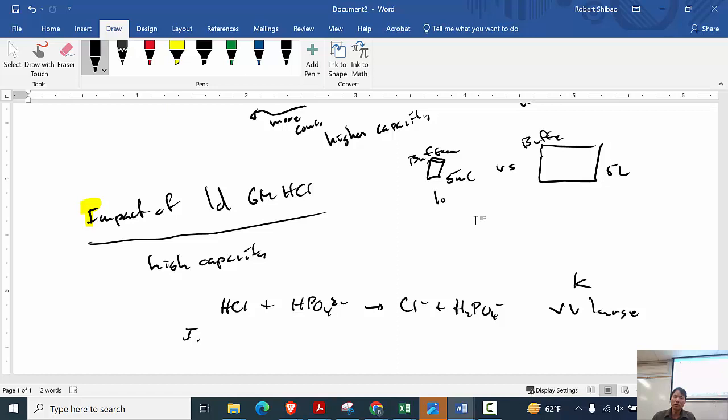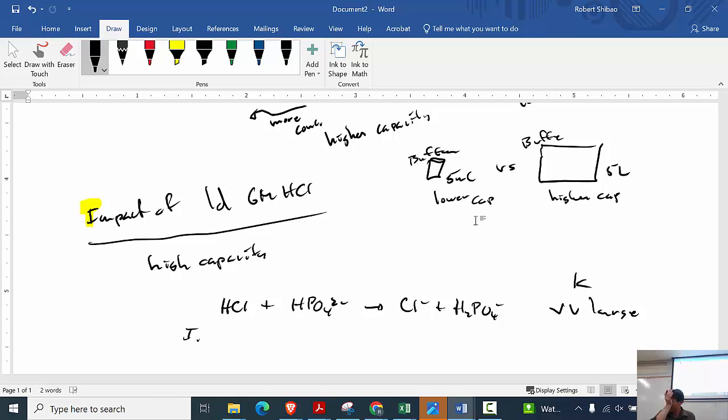So this is lower capacity, and this is higher capacity. Two things will influence it. You could have a low concentration, but if you have a very large volume, then that compensates for it, because in the long run it depends on the number of moles.